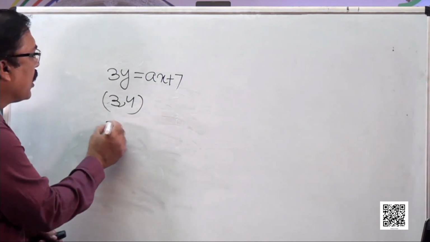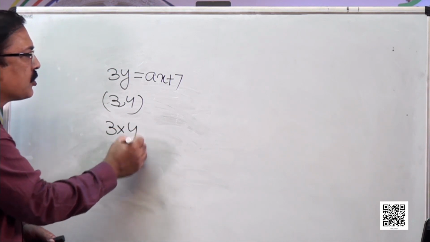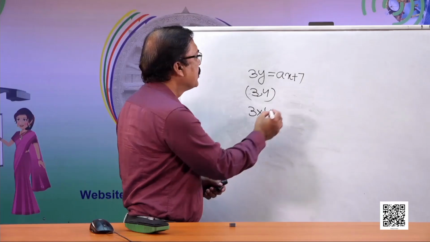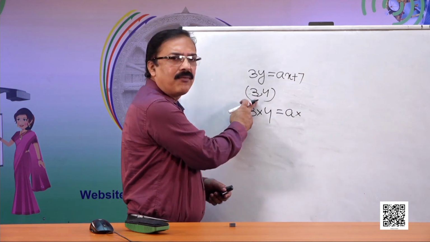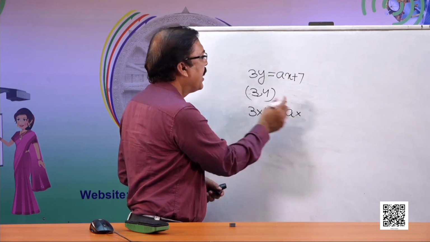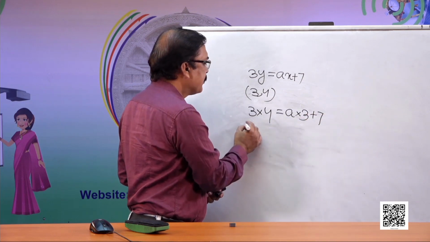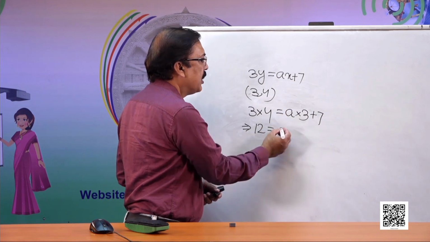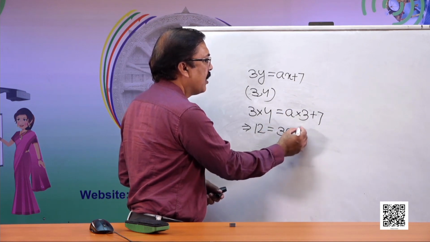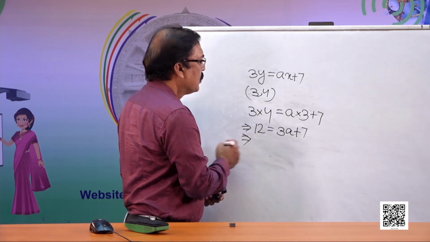Now 3 into the value of y, which is 4. So 3 into 4 is equal to a into the value of x, which is 3, plus 7. This gives 12 is equal to 3a plus 7.